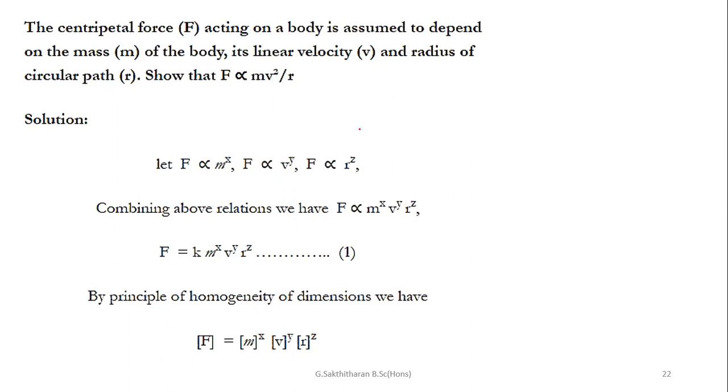So first we can write F proportional to m to the power x, F proportional to v to the power y, and F proportional to r to the power z. Then we combine: F proportional to m to the power x, v to the power y, and r to the power z.